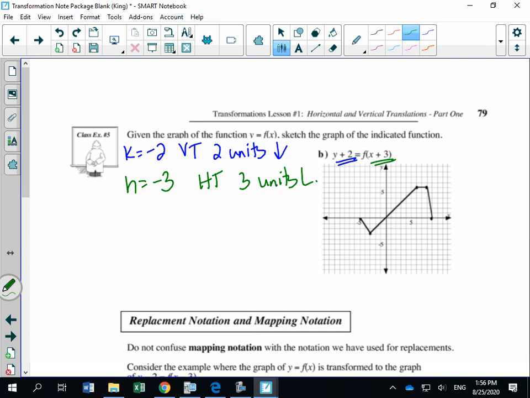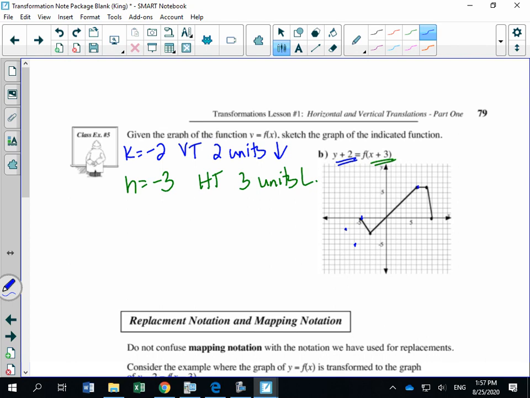Okay, so what do we do? We take a point. Now I have terrible eyes, so you guys will be better at this than me. But you take a point and you have to move that 3 units left, 2 units down. So 3 left, 1, 2, 3, 2 down. It's right around there. This guy, 3 units left, 1, 2, 3, 2 down, would go right about here.